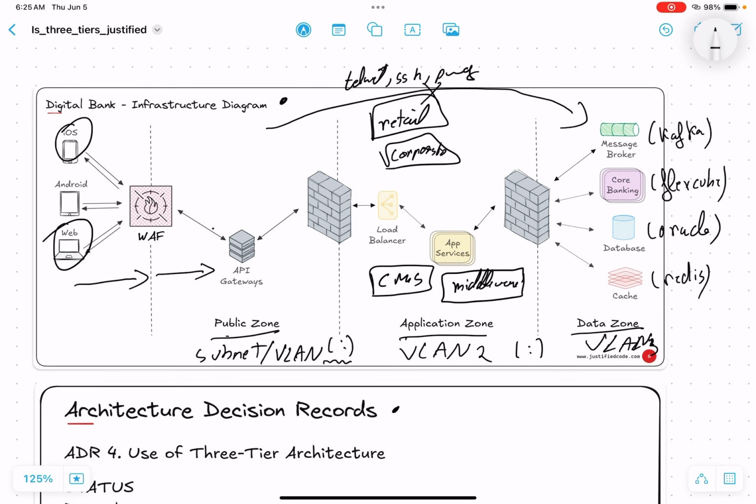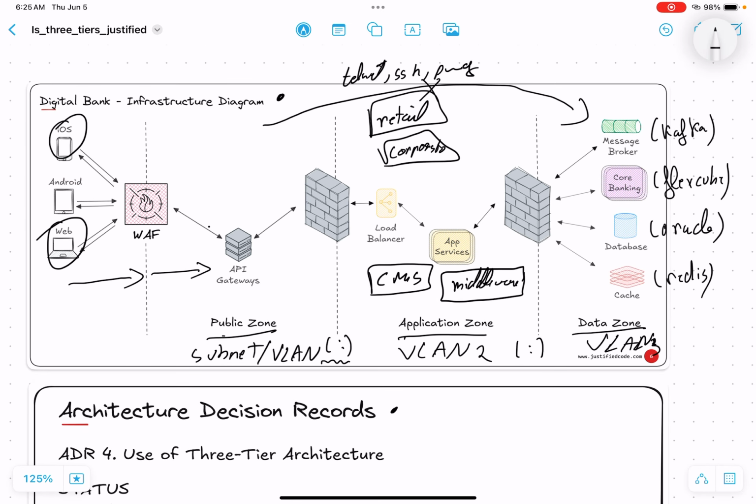Now, when you go into details with the central bank officers, the main idea with this subnet separation is that the security officers, even in the banks, assume that an attacker was able to bypass the web application firewall through some tool we are not aware of, and is able to sit here through command line, probably a vulnerability on the operating system side has led him to do that.